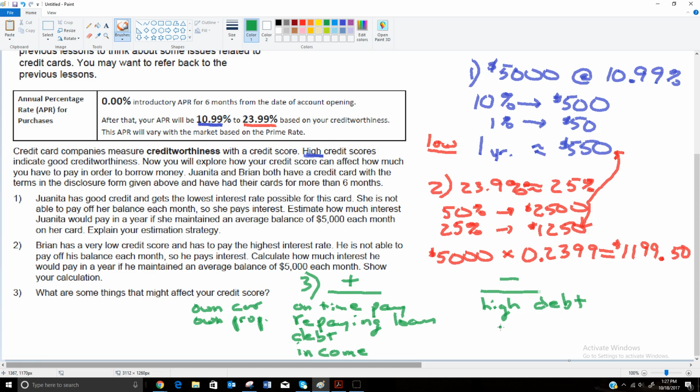So if they feel like you have too much debt compared to how much you make, for instance, we spoke before, if you had $10,000 credit card debt and you made only $20,000 a year, that would be concerning to the credit agency. But if you had $10,000 debt and you made $150,000 a year, then they wouldn't be as concerned about it, because your income is so much higher that the debt isn't as dangerous.